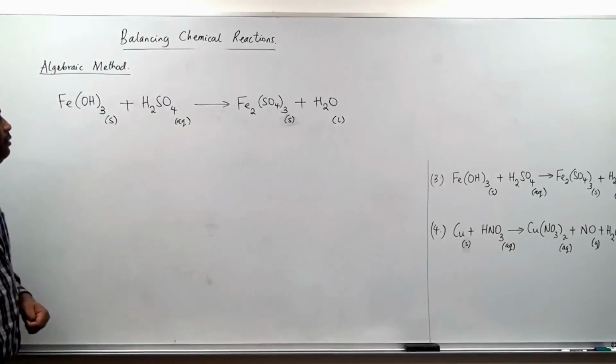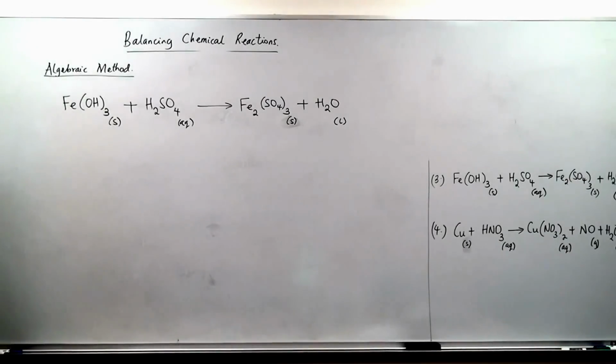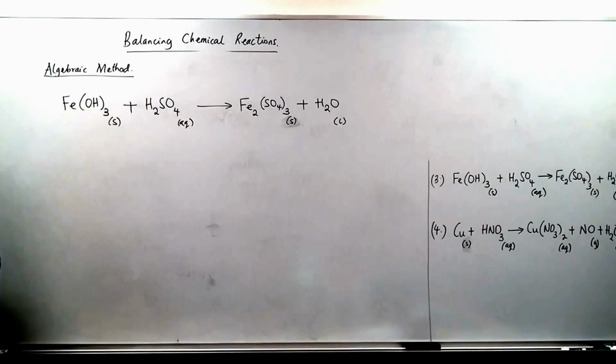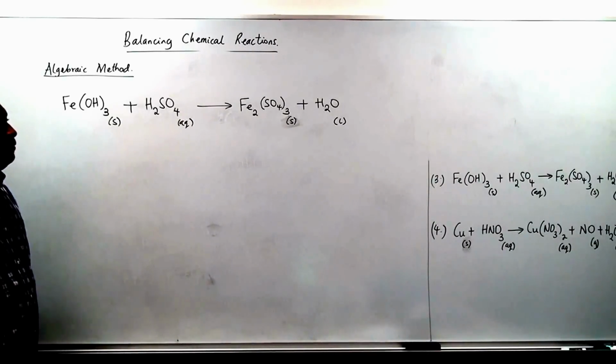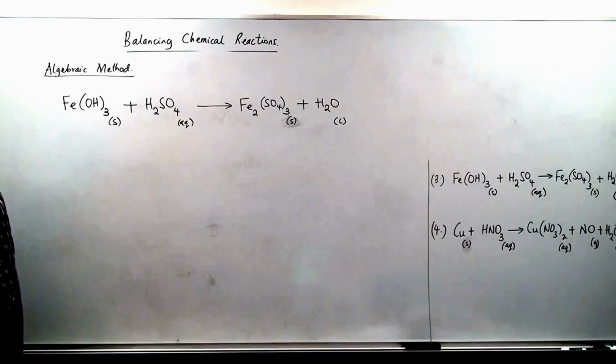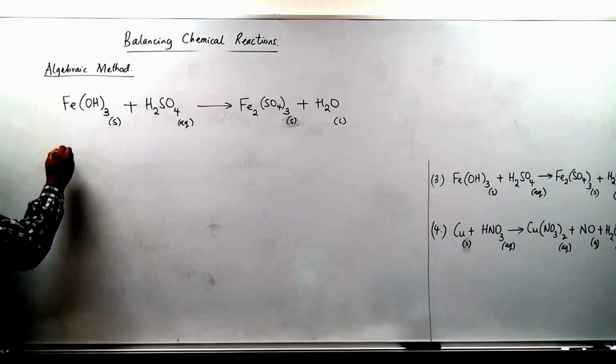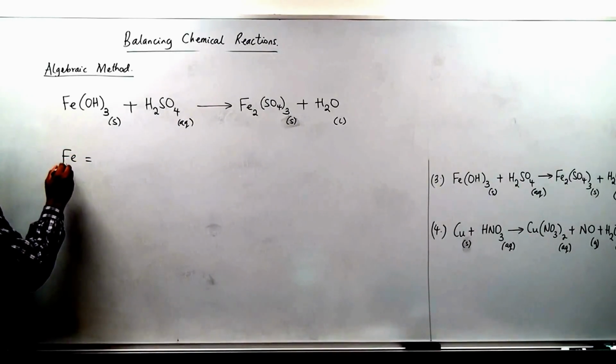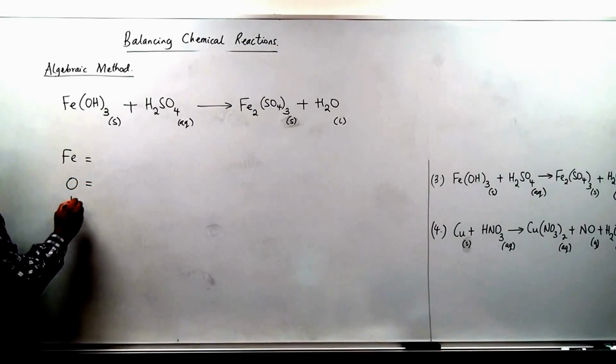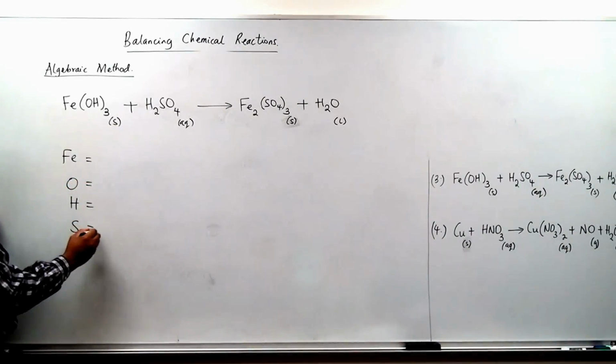So iron 3 hydroxide combines with tetraoxosulfate 6 acid, to produce iron 3 tetraoxosulfate 6 and water, liquid water. So we have iron, we have oxygen, we have hydrogen, we have sulfur.